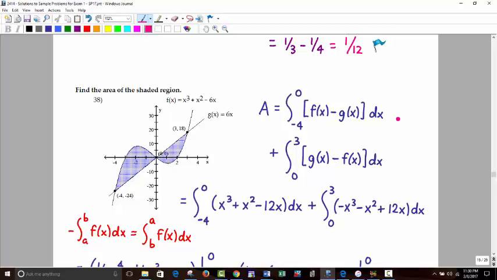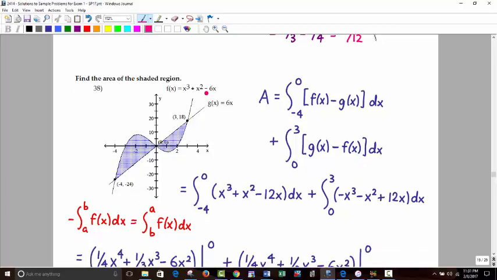So you see I wrote from -4 to 0, the f of x right here, that one, you see I'll come around and follow it. It's the upper graph, and the line g of x is the lower. So it's f minus g. But from 0 to 3, the line becomes the upper, so it's g minus f.